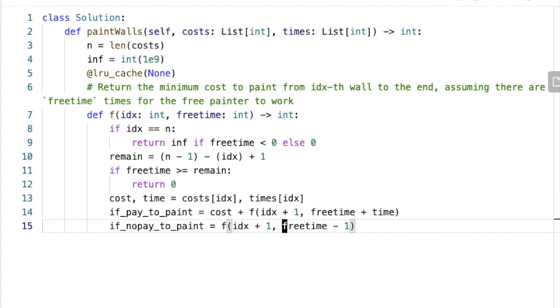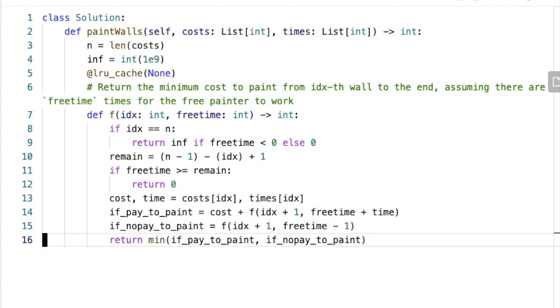Basically, we have to paint this wall no matter what, and the only two options we have are that we either pay to paint it, or we use the free painter to paint it. Here, we just consider all the possible cases. So that's why we return the minimum of these two, which covers all the possible solutions.